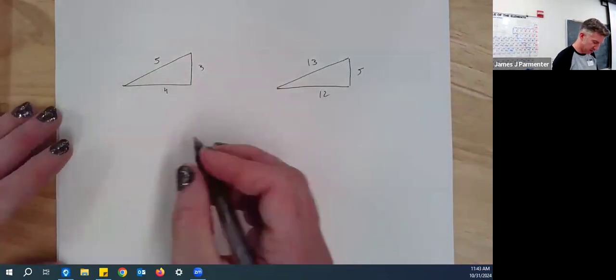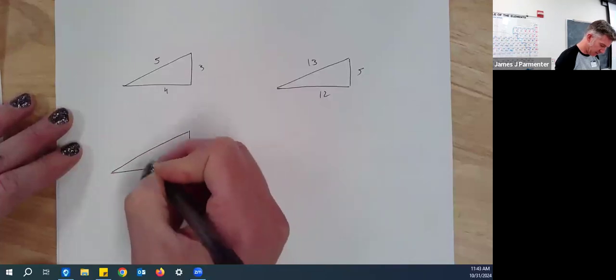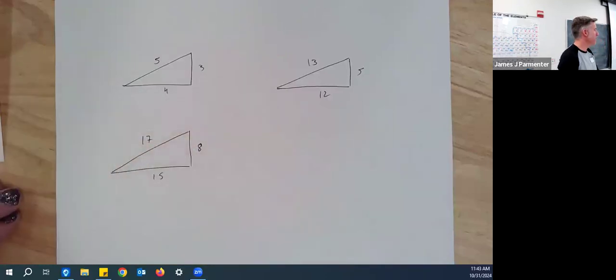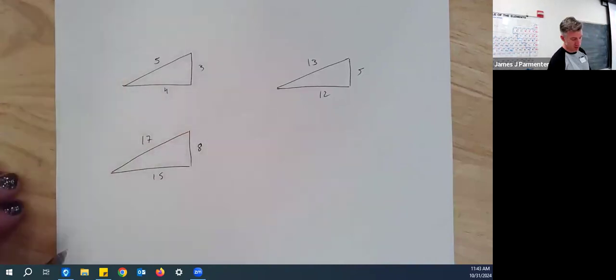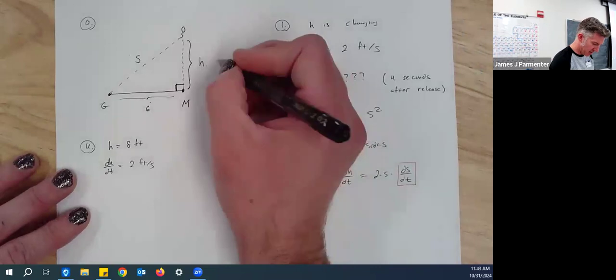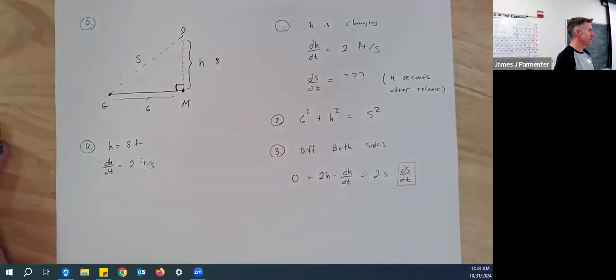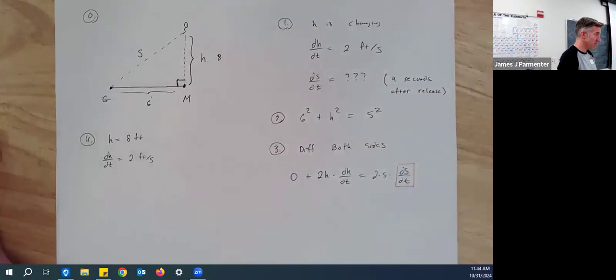And if someone's really feeling themselves, 8, 15, 17. Now you might notice that none of these are the ones I said, right? We don't have an 8, 15, 17, or a 5, 12, 13, or a 3, 4, 5. We have a 6, 8, but 6 and 8 are both 2 times 3 and 4. So really we have a scalar multiple of a 3, 4, 5. We have a 6, 8, 10.